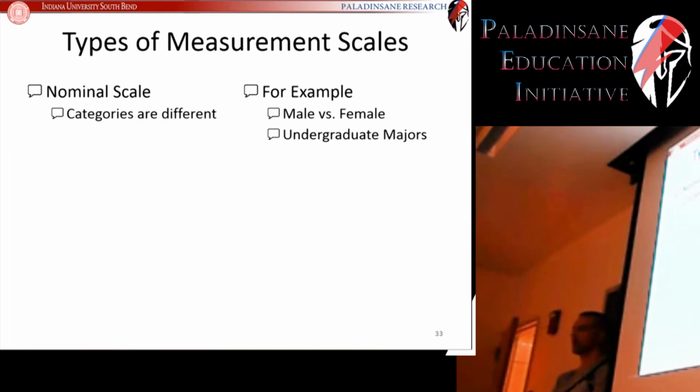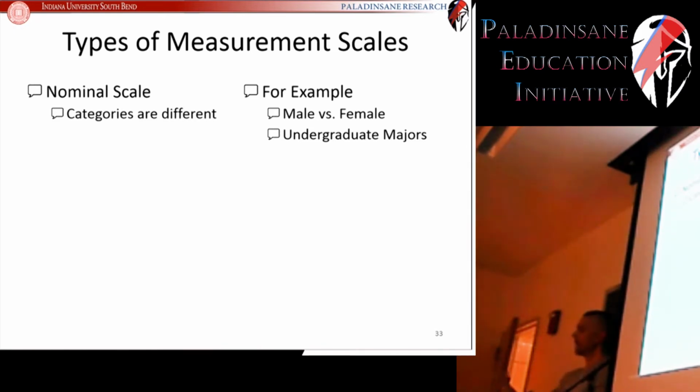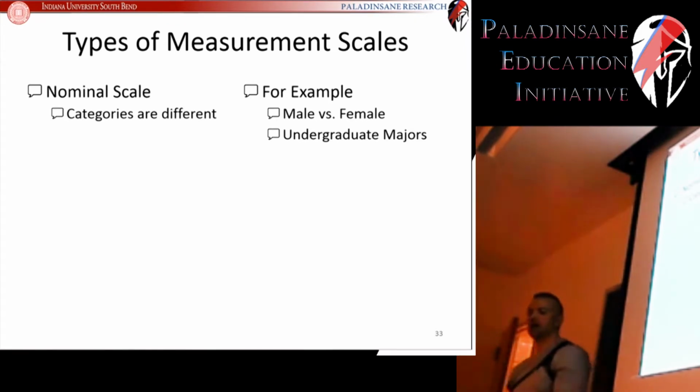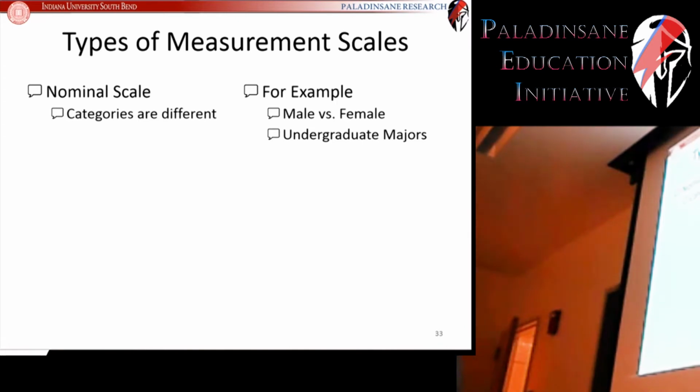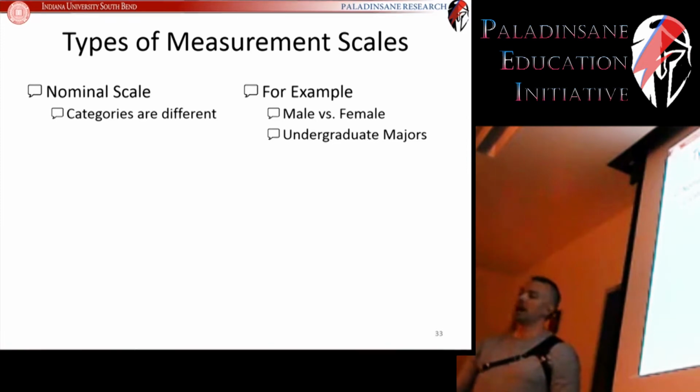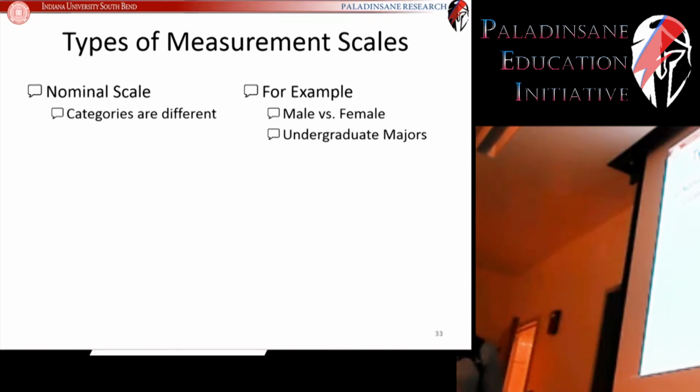Let's say that was the case. In this case, the average major, if we add up all the majors and divide by 3, is a psychotropolomathematics major, right? It makes no sense. There's no average major in the university. That's because undergraduate majors are on a nominal scale. You can't take averages for a nominal scale.